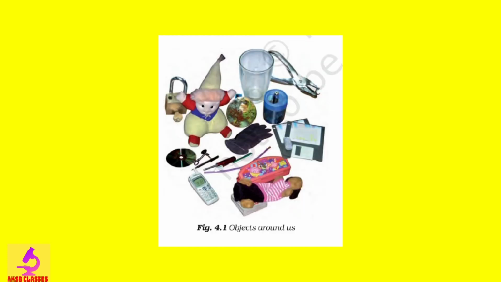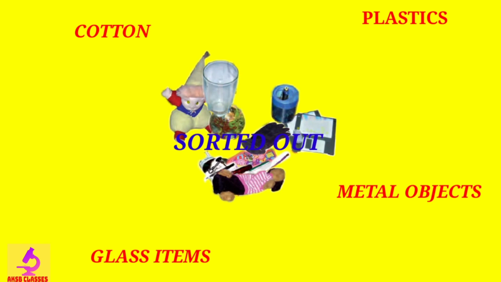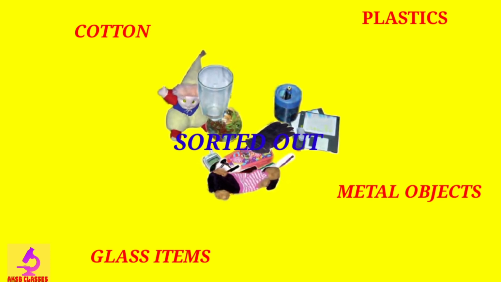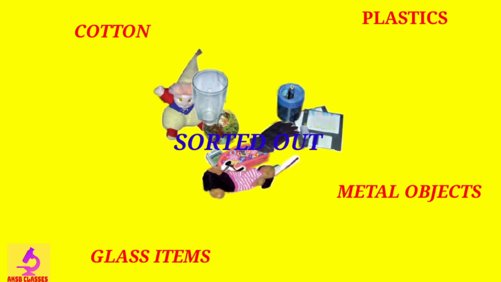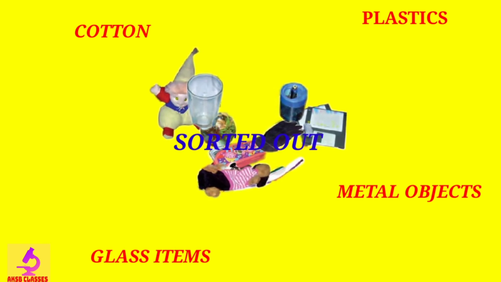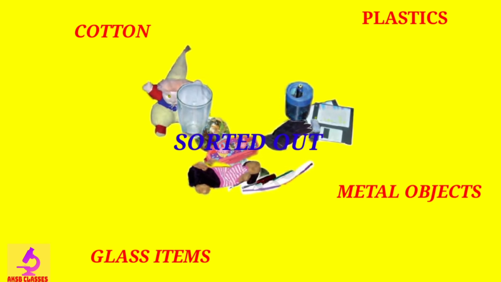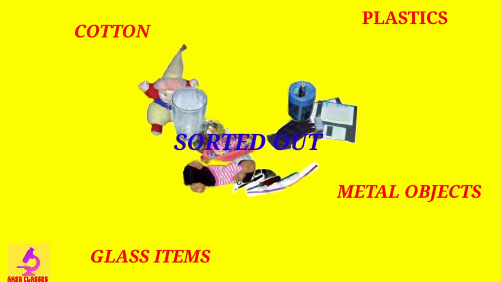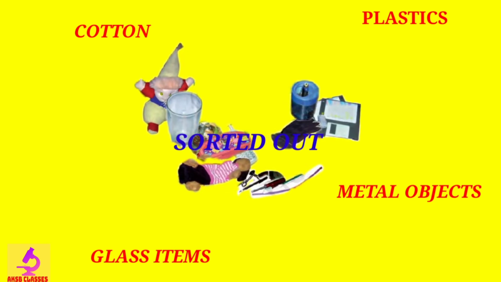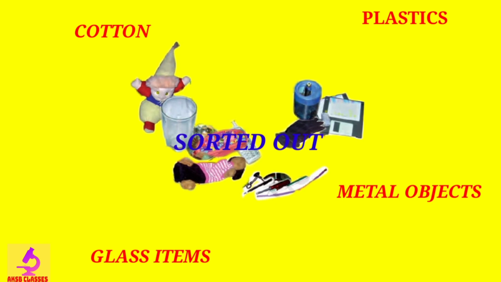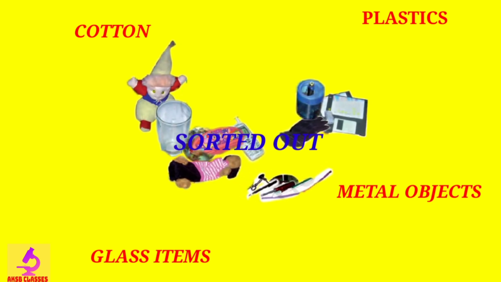So if we are going to separate these things, there is something that is common in all the materials of a particular group. So if we see in the picture, the material that is made up of plastics is one group, and the material that is metallic in nature, either made up of only iron or made up of only aluminium, we can make a certain group.